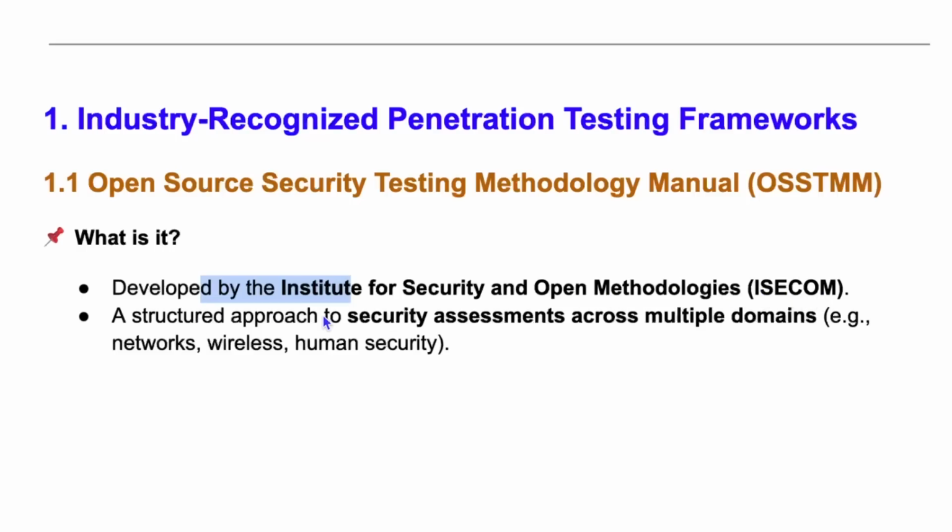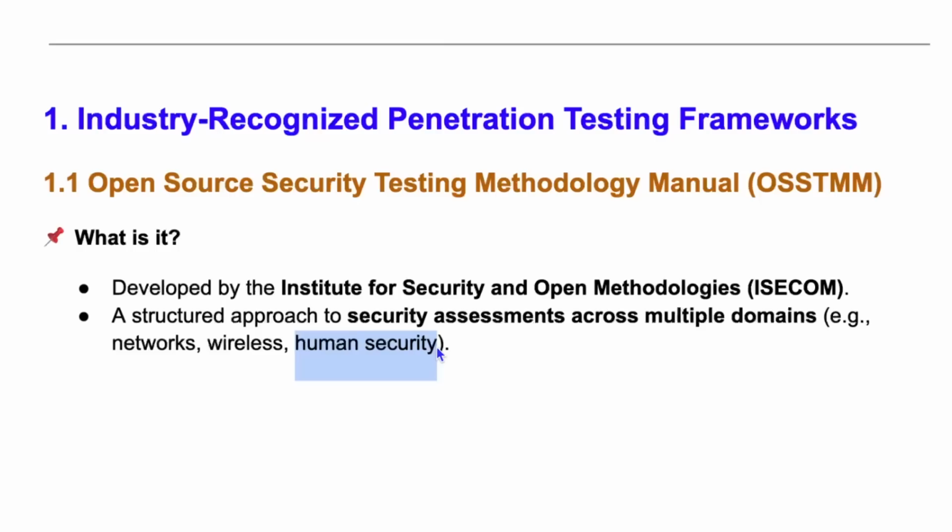And it's a structured approach to security assessments across multiple domains. So, for example, the networks or the wireless devices, or human security, which kind of goes into social engineering and physical penetration testing, because technically human beings are a part of the physical world. So it looks at a lot of these different domains, these different areas of security.